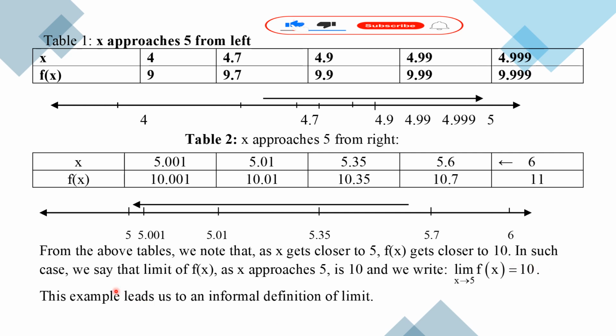Then what can we say? We can say the limit of f of x as x approaches 5 is 10, and we write the limit as x tends to 5 of f of x is equal to 10.